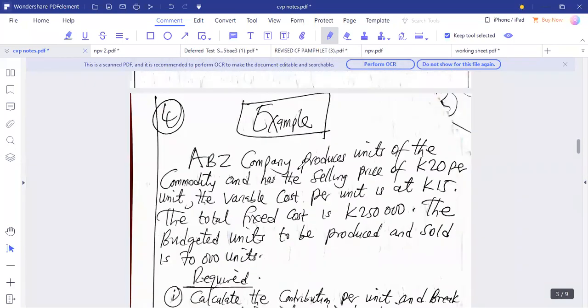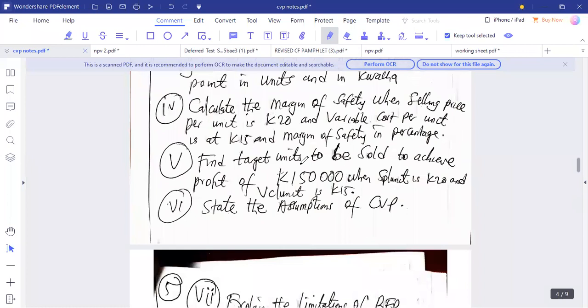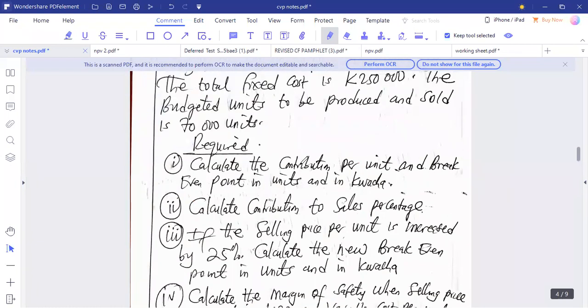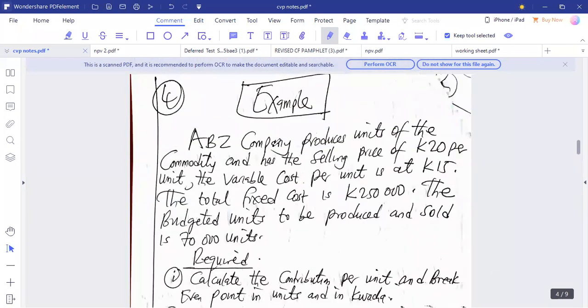Okay, so all right, we can have this example here where we are saying ABZ company produces units of the commodity. So what is important is for you to understand the concept. The question may change in an exam depending on what the examiner would actually come up with.